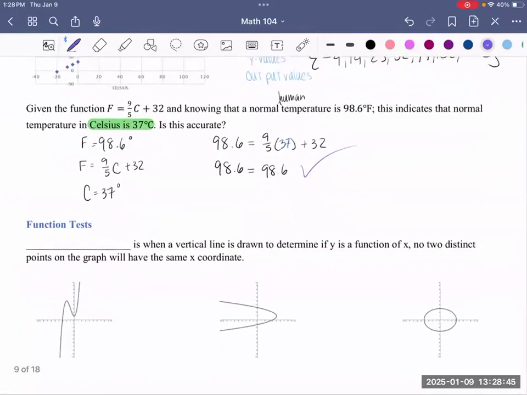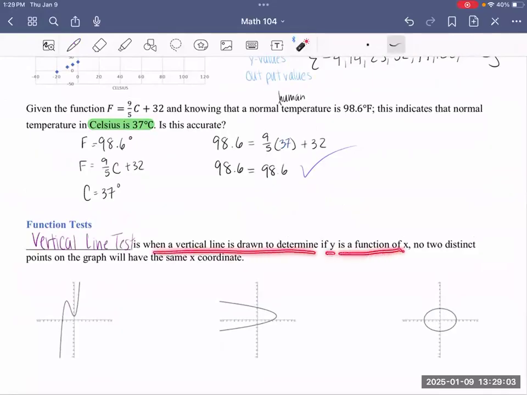Now, when it comes to functions, there are specific tests that we can do when it's in a graphical form. One being the vertical line test, which says when a vertical line is drawn to determine if y is a function of x, no two distinct points on the graph will have the same x coordinate.